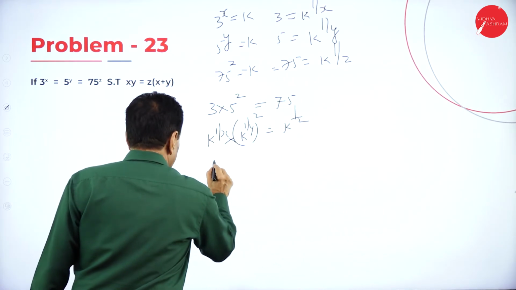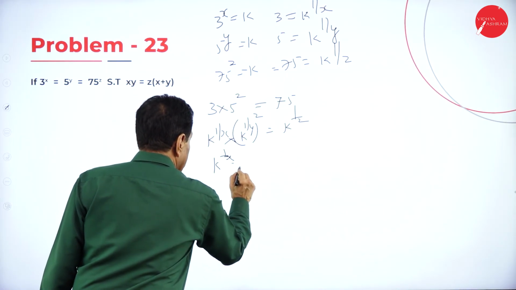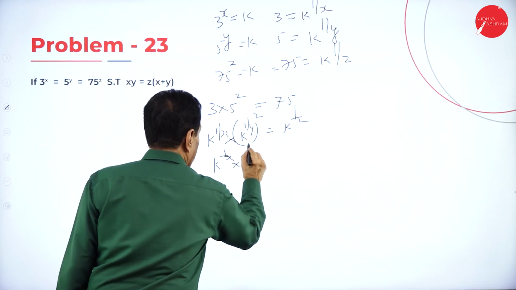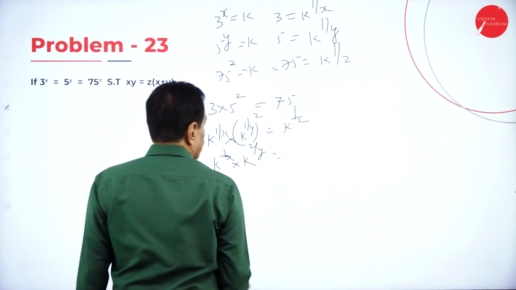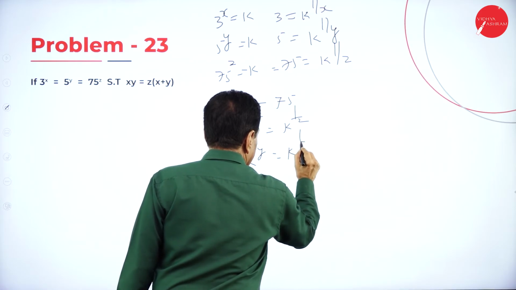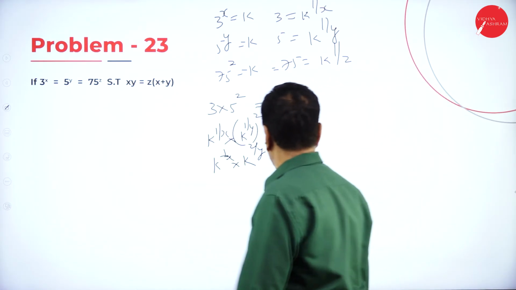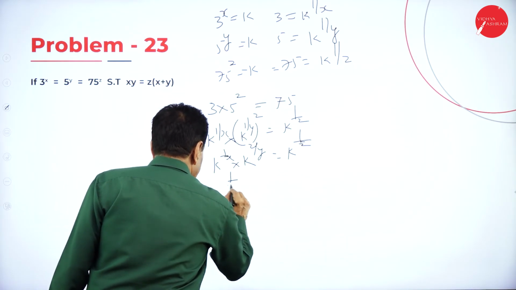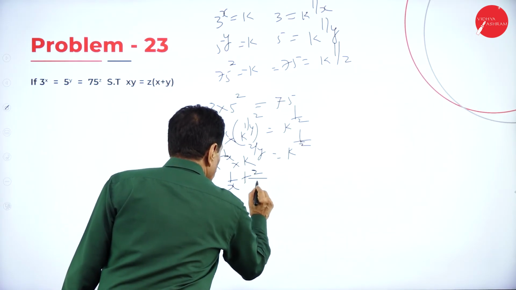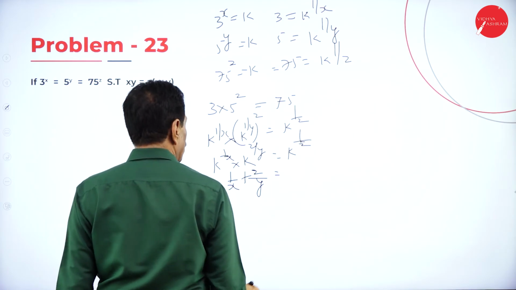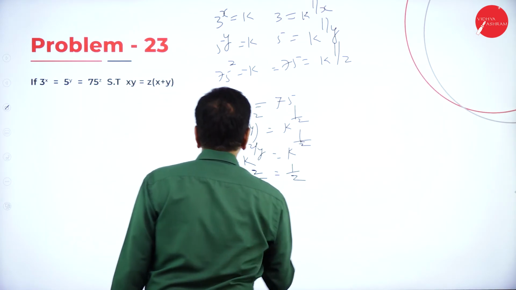This is nothing but k to the power of 1 over x, times k to the power of 2 over y, equal to k to the power of 1 over z. When the bases are common, exponents can be added. This is 1 over x plus 2 over y is equal to 1 over z.